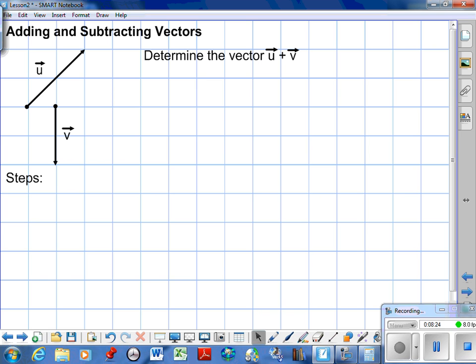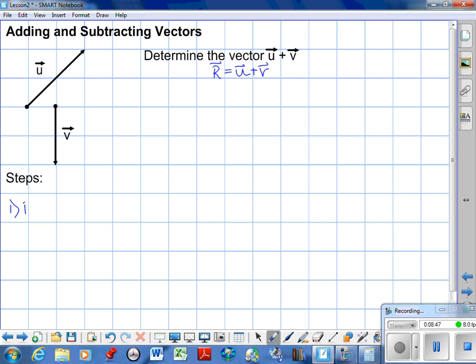All right, so let's do some adding and subtracting. Okay, so we have the vectors given here, and you have grid paper, and we want to determine the vector u plus v. So that tells me that I am looking for a resultant, and the resultant comes from adding my 2 vectors u plus v. So I have here steps.